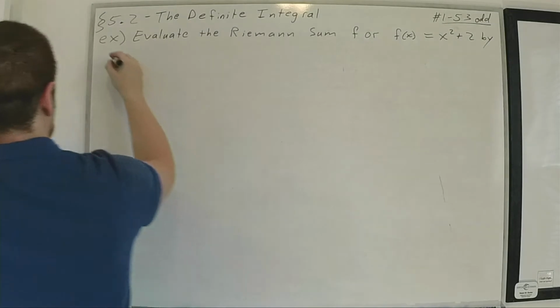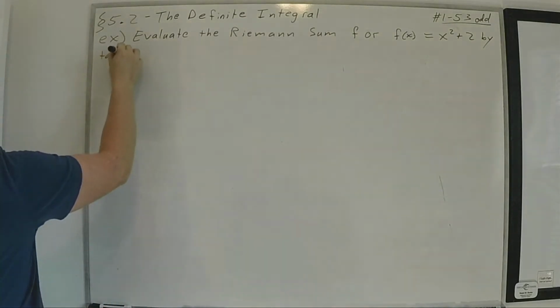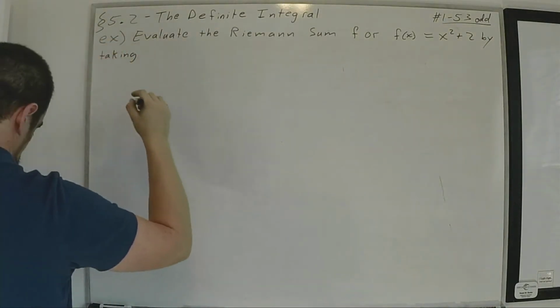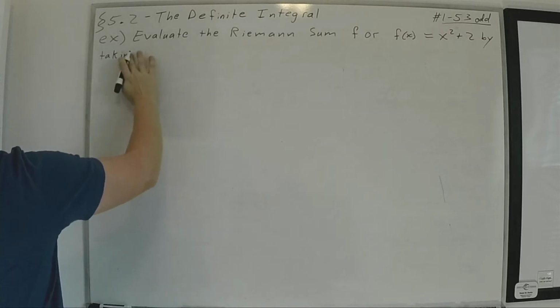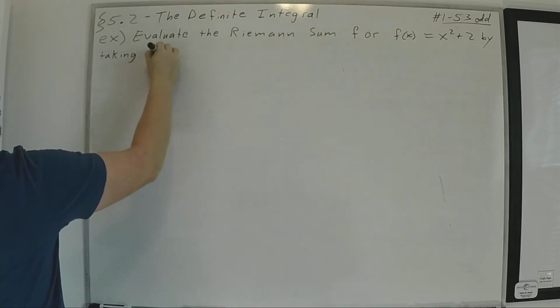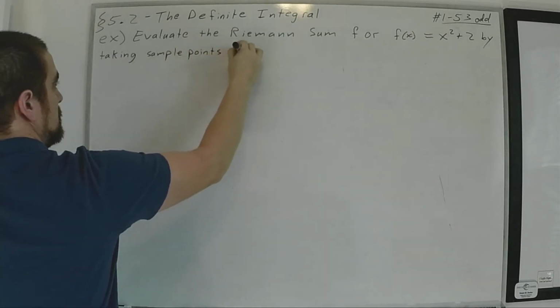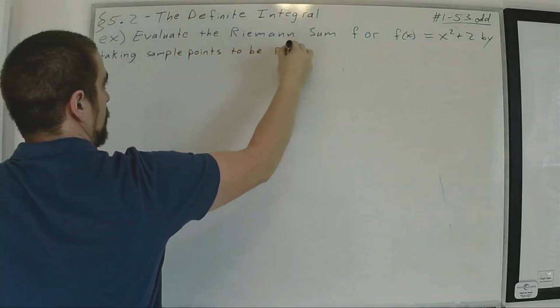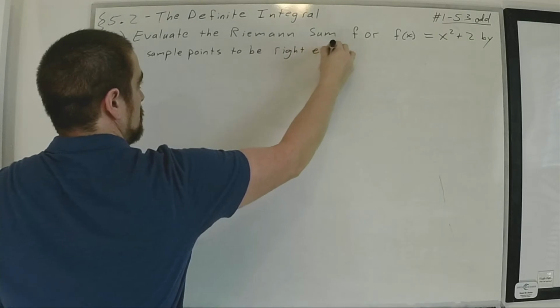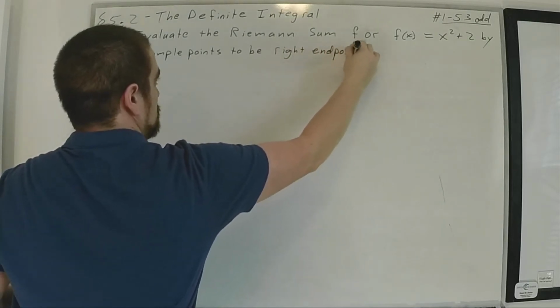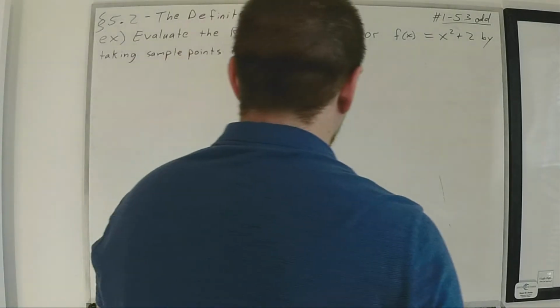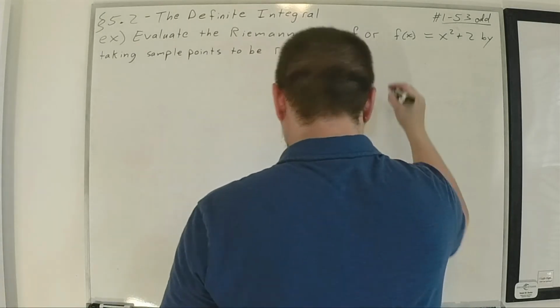And they'll ask us to do that by taking sample points to be right endpoints. So not left endpoints for the rectangles, not midpoints. We'll just stick to the right endpoints.